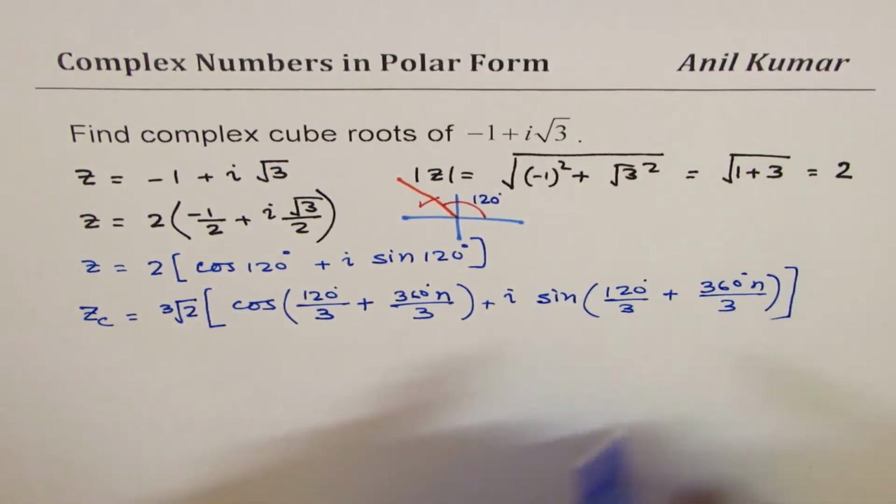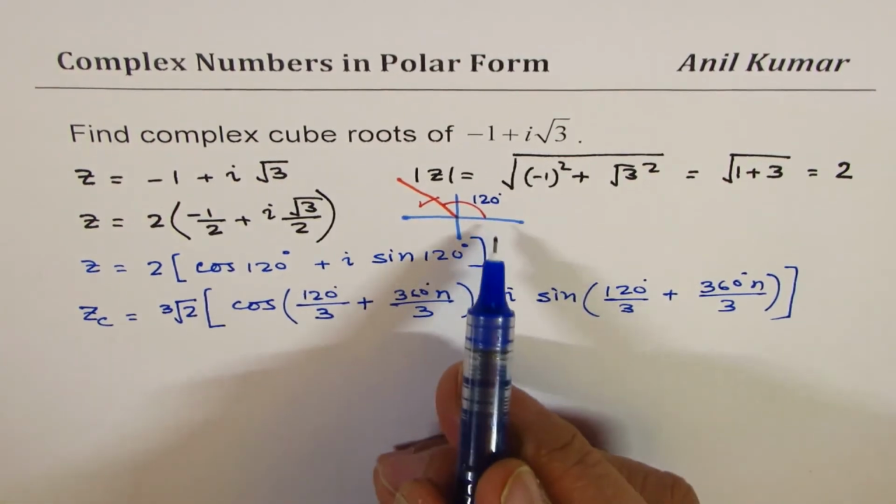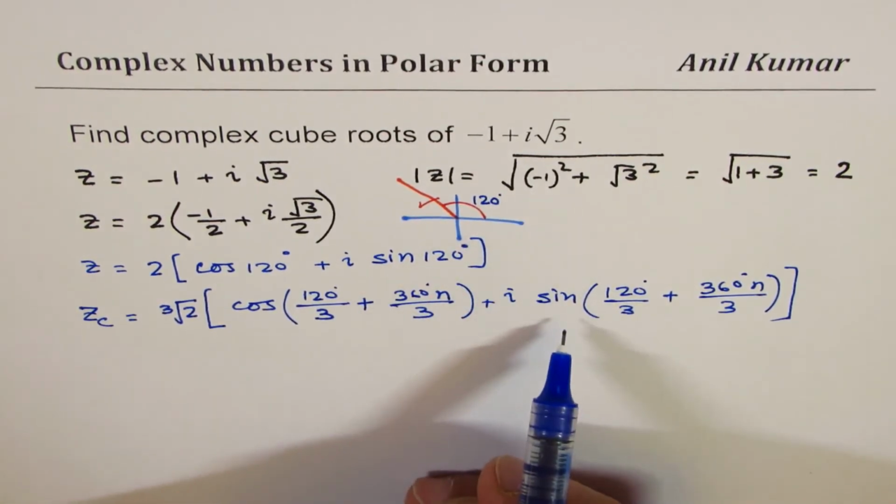So that is how you're going to get the cube root. Now the power is 1 over 3, right? Therefore it comes in the denominator as shown here.